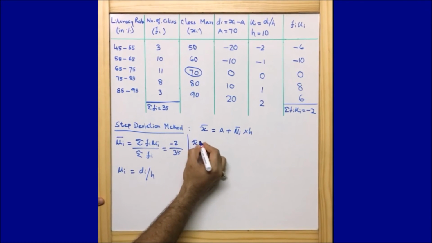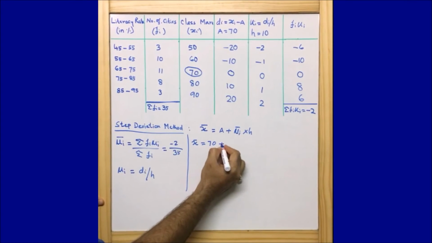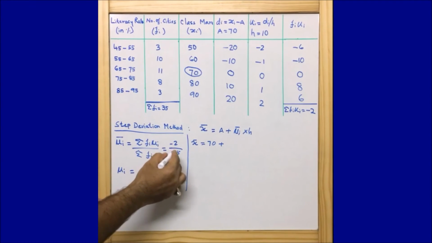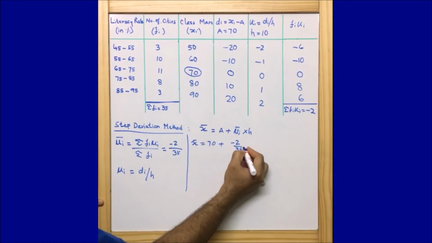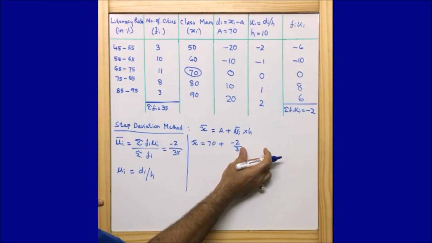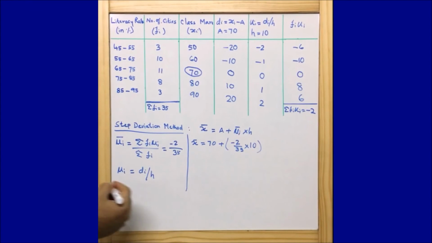Now let us put this data here in our mean step deviation method formula. Mean is equal to a, assumed mean, here assumed mean is 70, plus mean ui, we got mean ui is minus 2 by 35, minus 2 by 35 into h, class height is 10 here. So this is what we got here.